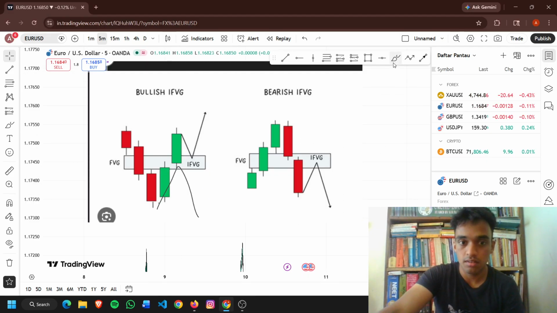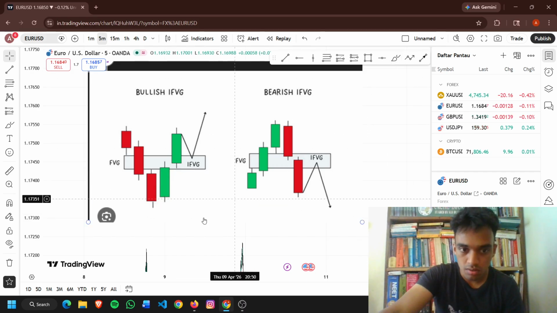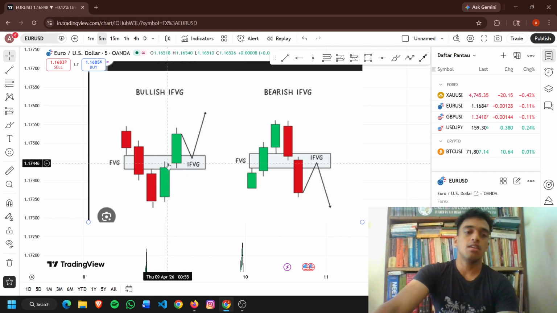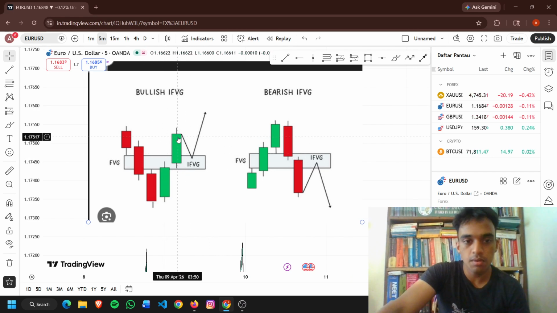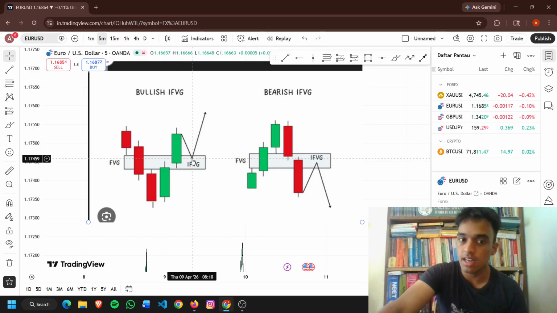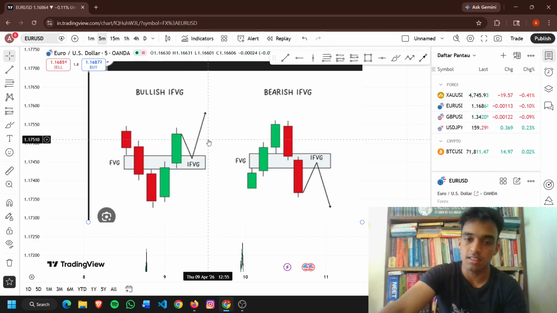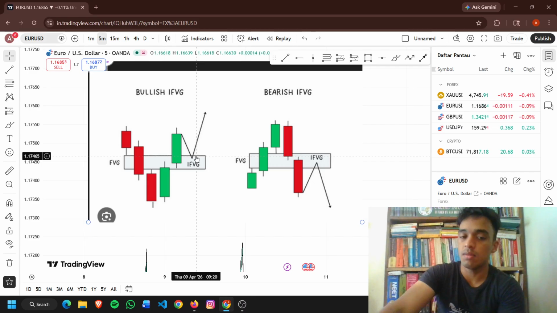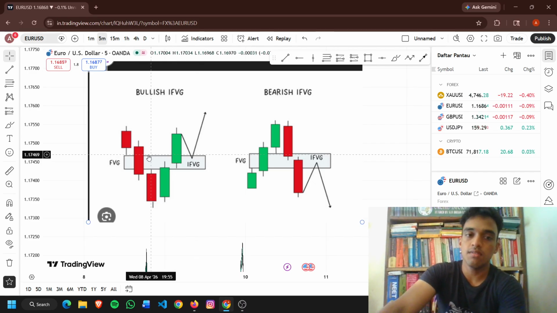It will disrespect this fair value gap, go up, and maybe retest and go. Sometimes it won't even retest. Okay guys, do not get this doubt, it won't always come and retest. It will just give this much, and then it will go up.